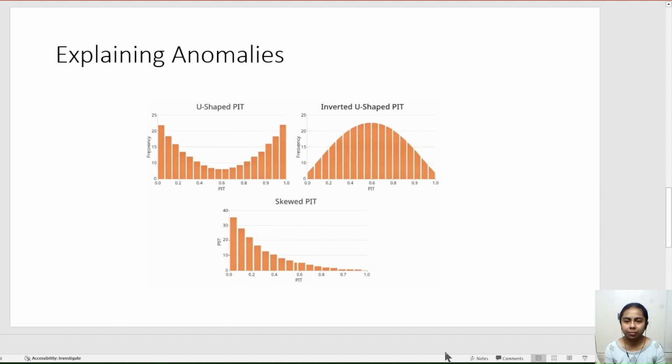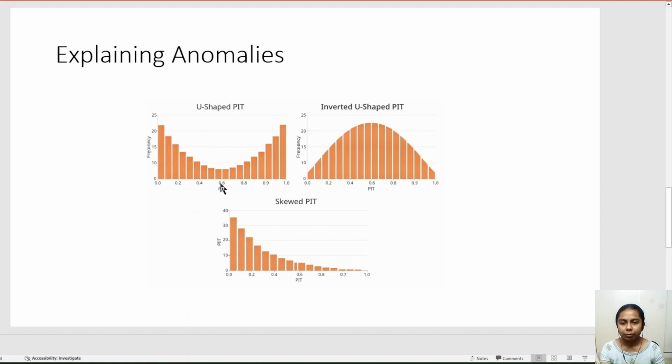For example, if the PIT is a U-shaped curve, as in the first curve, it tells us that the model outcomes likely end up in the first or last quantiles when compared to the middle quantile. To clarify, the x-axis shows the CDF.